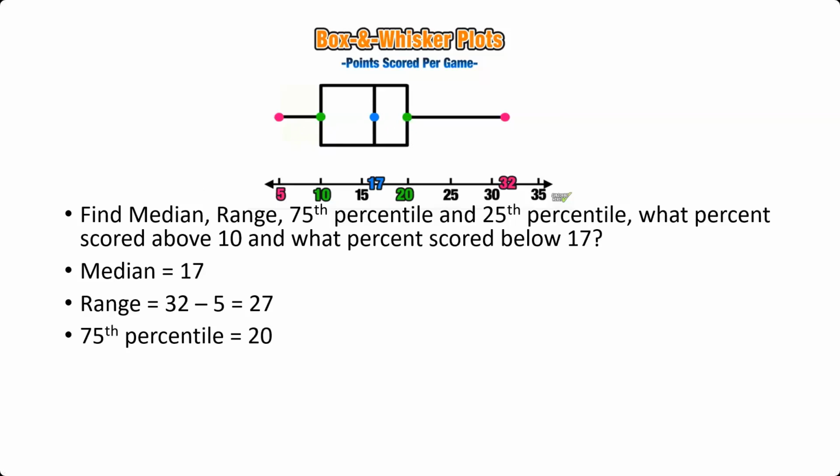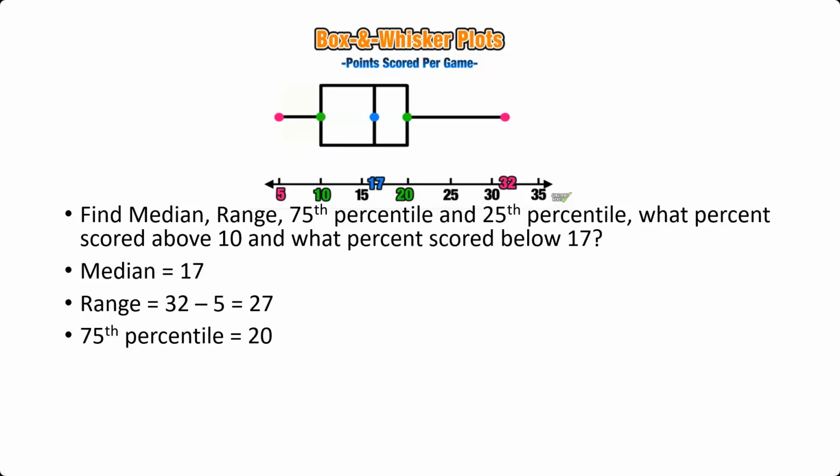Now, there is an example. I don't know if it's this problem or the normal curve, but you need to be able to explain what one of the percentiles is. The 75th percentile, see, this is points scored per game. So that means 75% of the total points scored were below 20.